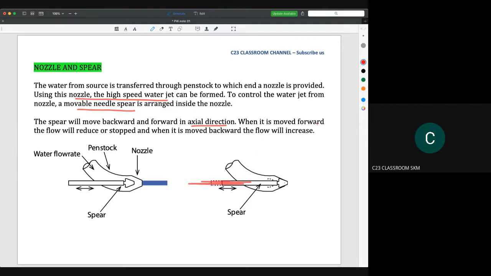When it is moved forward, the flow will reduce or stop. When it moves backward, the flow will increase. So you can understand the mechanism to control the flow rate with the spear. When the spear moves forward, it locks the hole, and the water stops flowing.